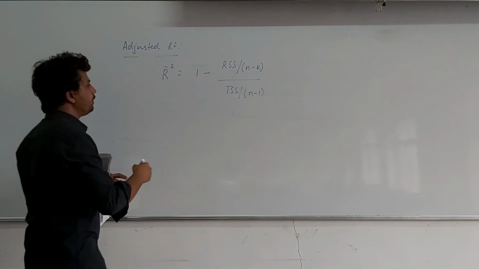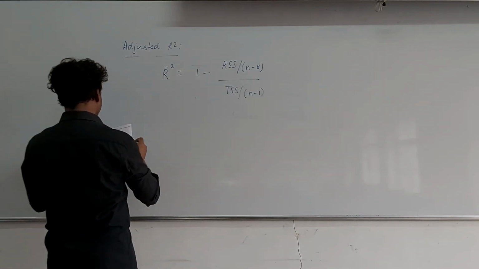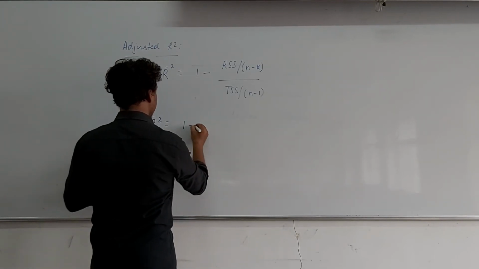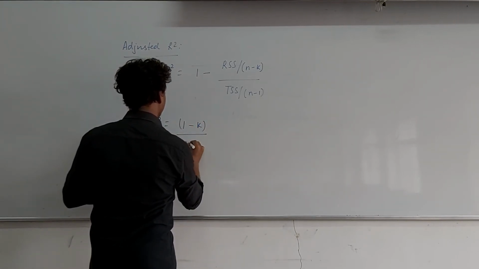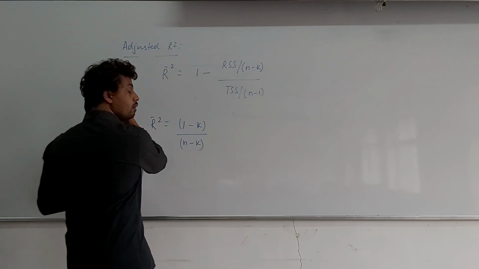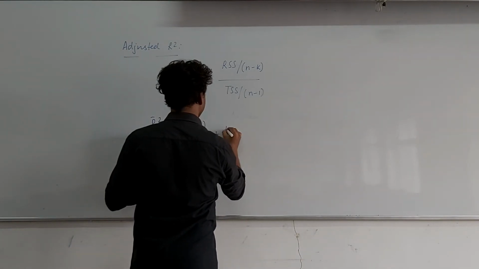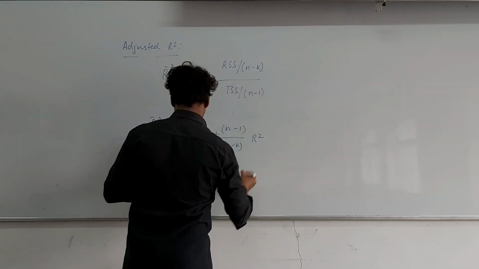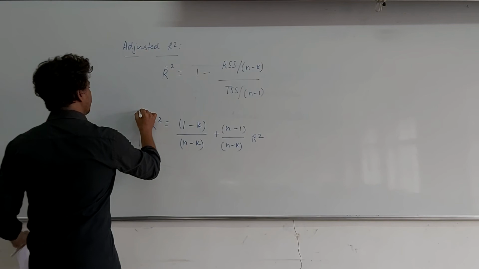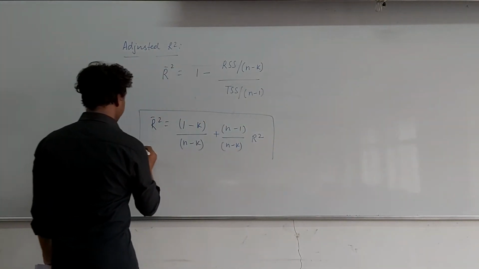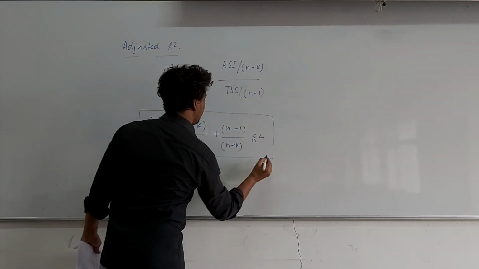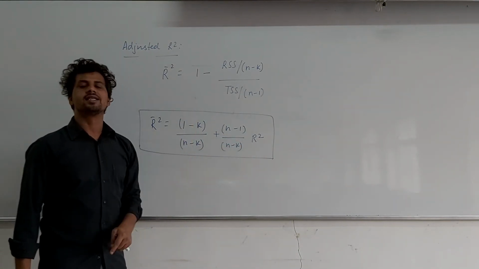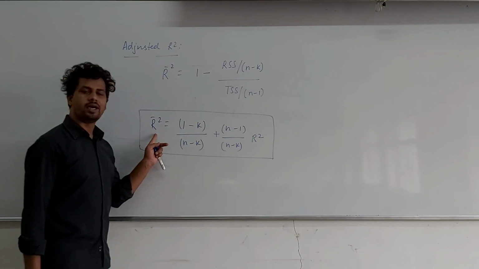If I simplify it a little more mathematically, this can be written as 1 minus... So this is the relation between adjusted R square and unadjusted R square. In this case, this R square is also called unadjusted R square, right? And this is your adjusted R square.